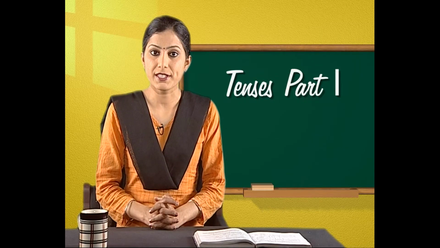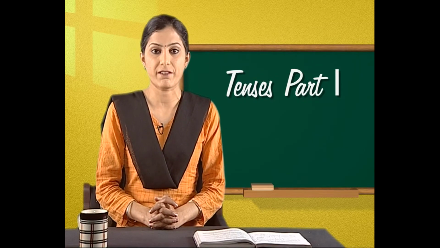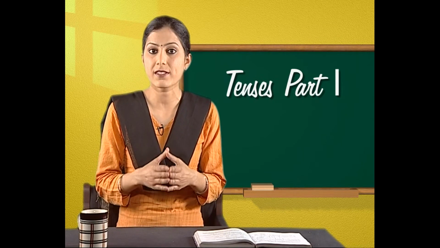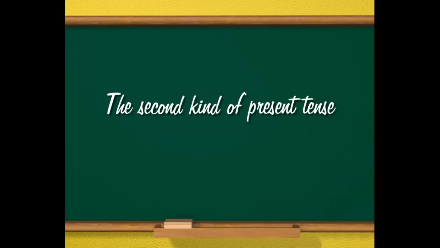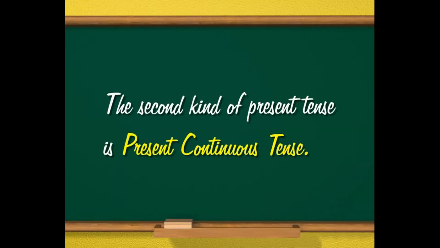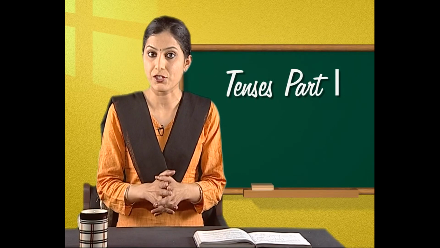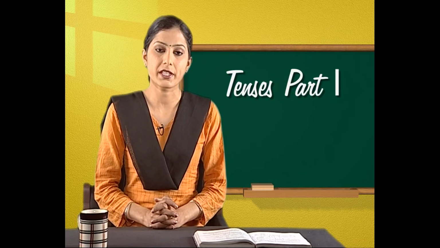Now we have learnt about the present indefinite tense. So, let us move on to the next kind of present tense. The second kind of present tense is present continuous tense. Let us study the images on the screen and say what they are doing now.